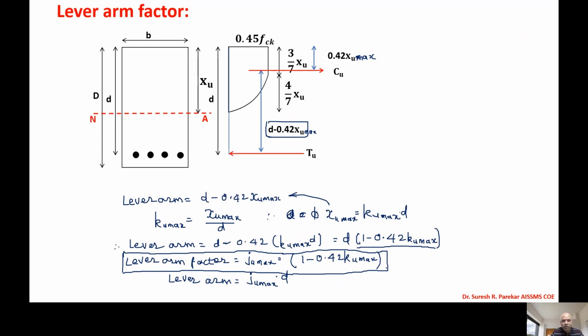Now we will switch over to the third factor, moment of resistance factor. Now we have seen what is moment of resistance.